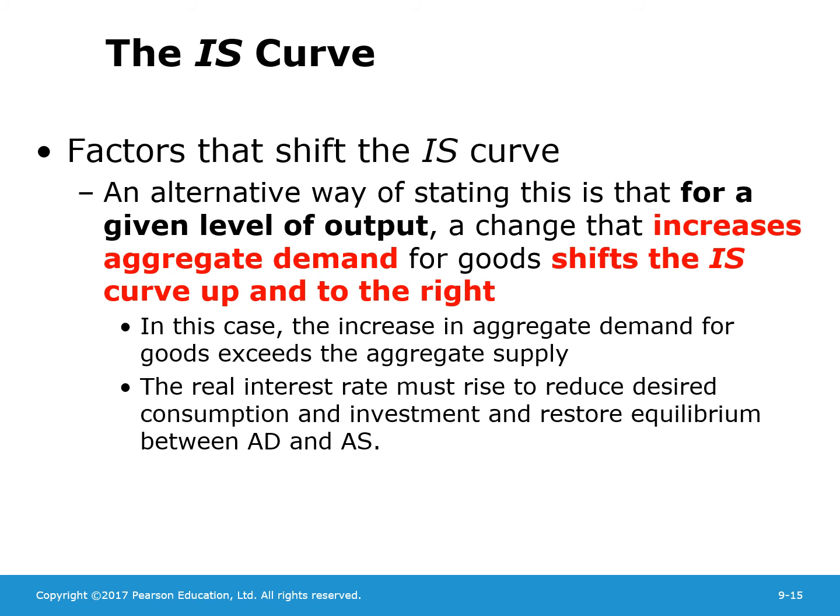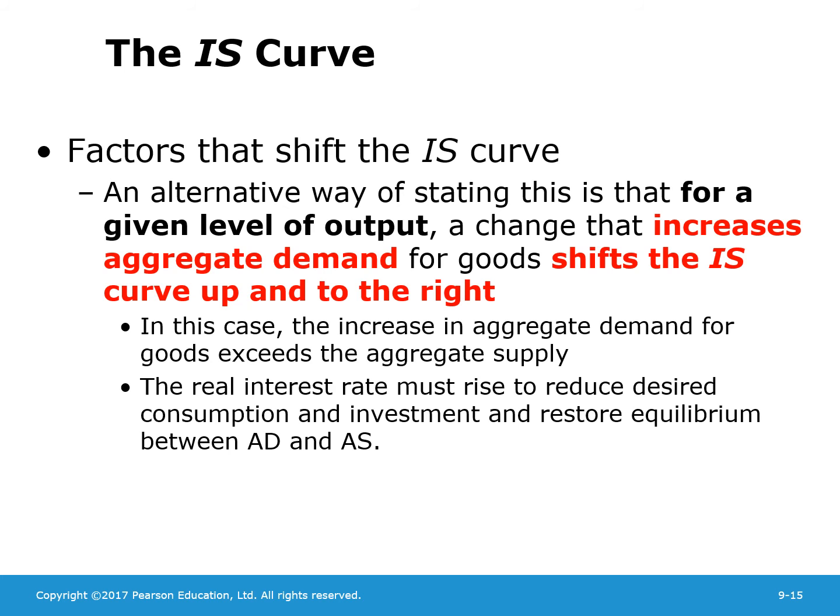Another way to state this is to say that the IS curve will shift up and to the right when aggregate demand increases. In this case, the increase in aggregate demand for goods exceeds the supply, so the real interest rate must rise to reduce desired consumption and investment and restore equilibrium between AD and AS, which is aggregate demand and aggregate supply.